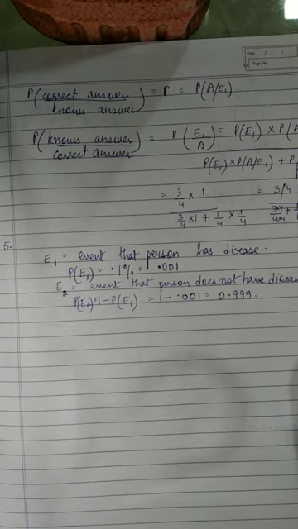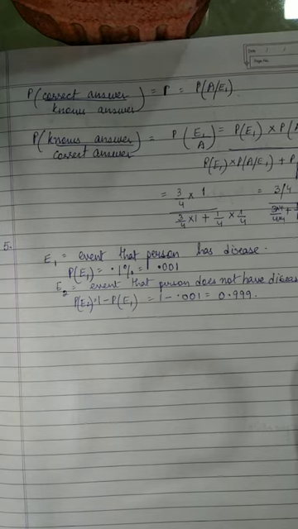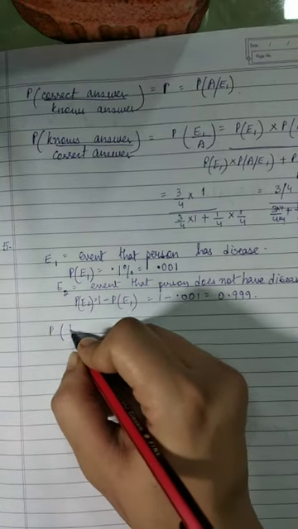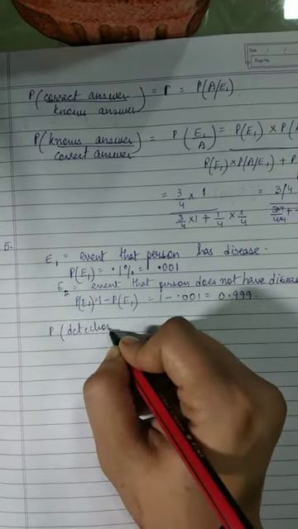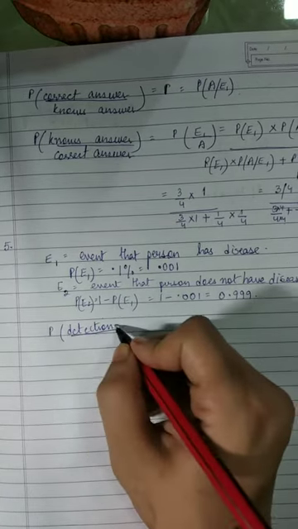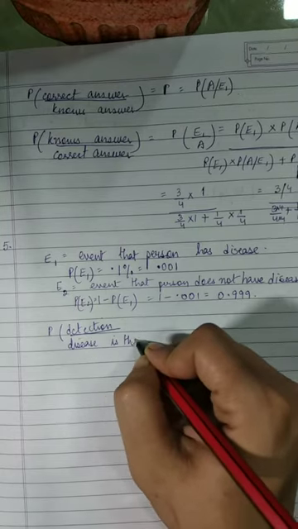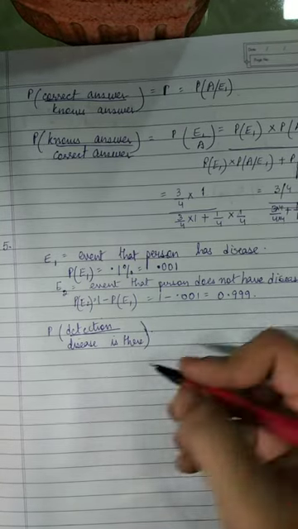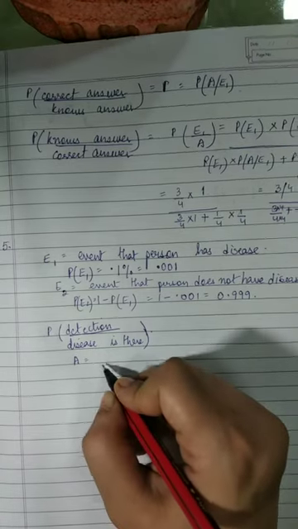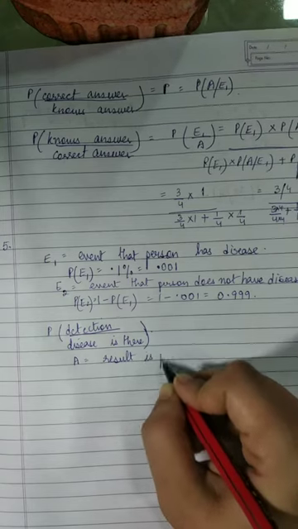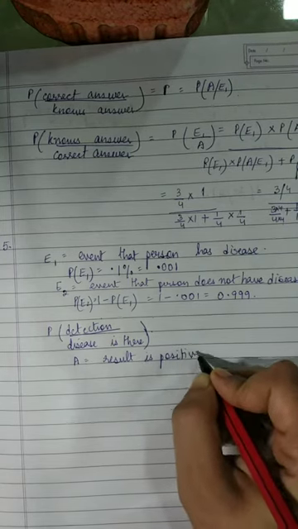Okay. Now, we know that a laboratory blood test is 99% effective in detecting a certain disease when it is in fact present. So, probability of detection, or positive result, when disease is there or a person has a disease, right? So we can write down A as result is positive, that the test result is positive or the disease is detected.